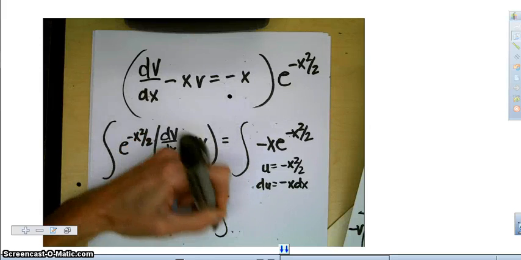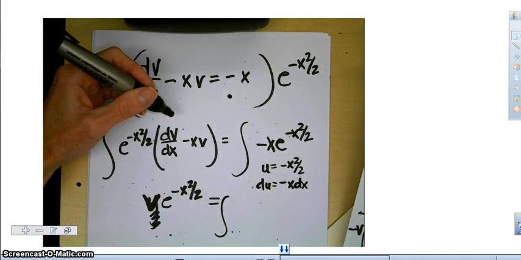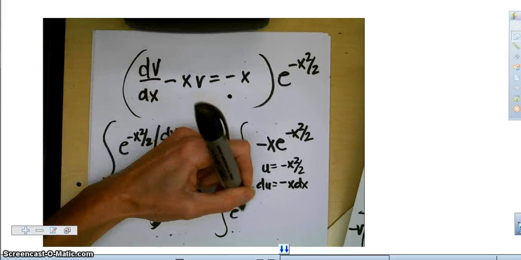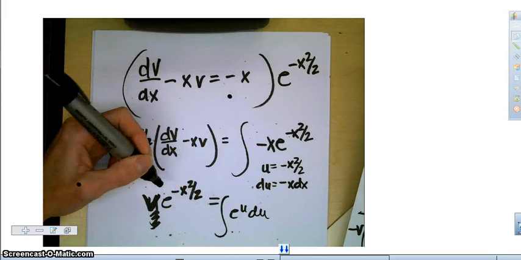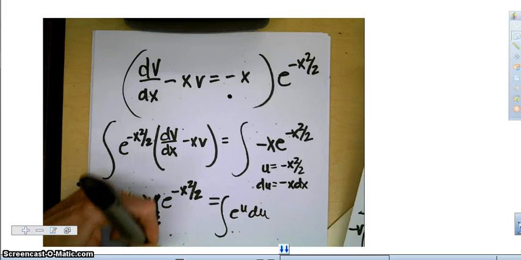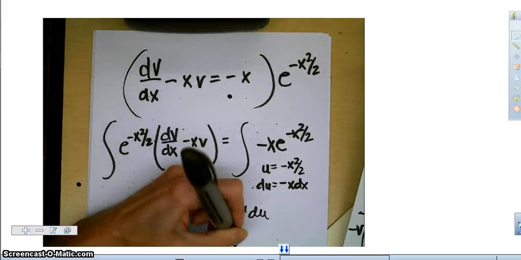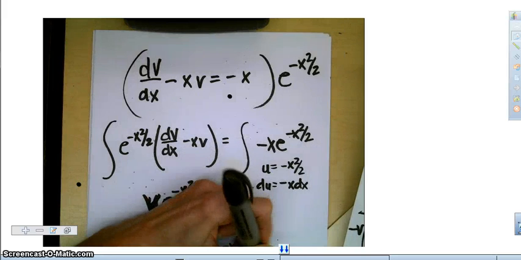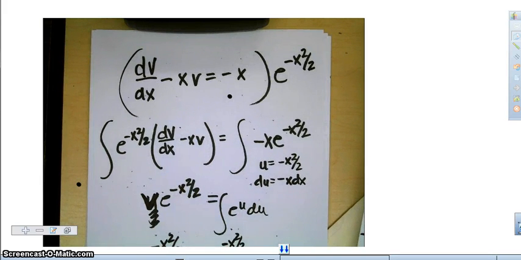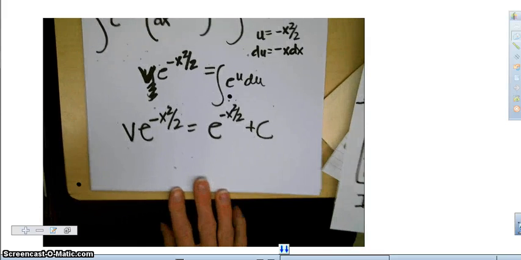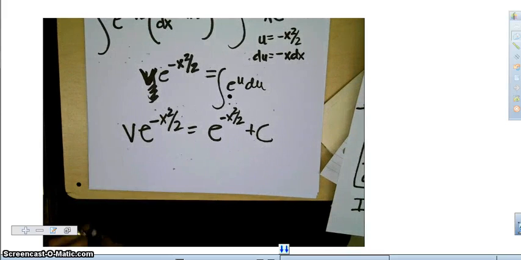So I have the integral of what? E to the u du. What's that antiderivative? E to the u, where u was negative x squared over 2, plus c. All right. Okay, let me get that down here so we can see it. Okay, so this is what we have.